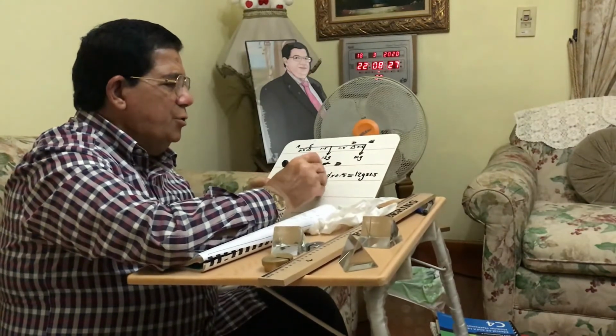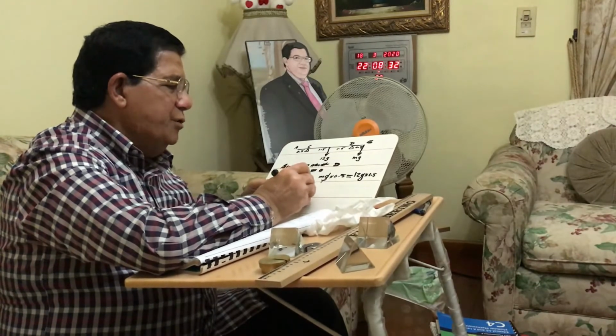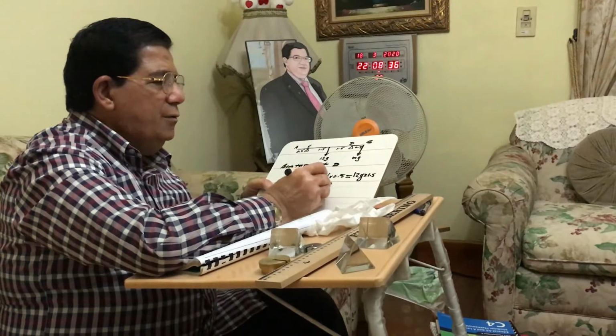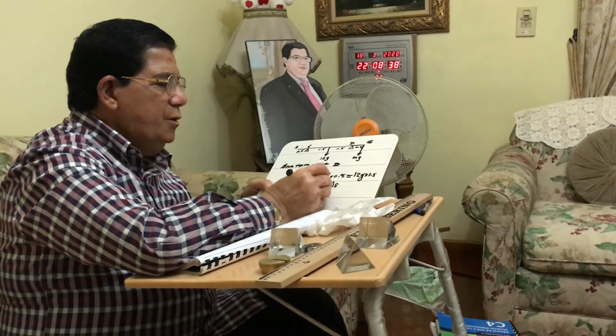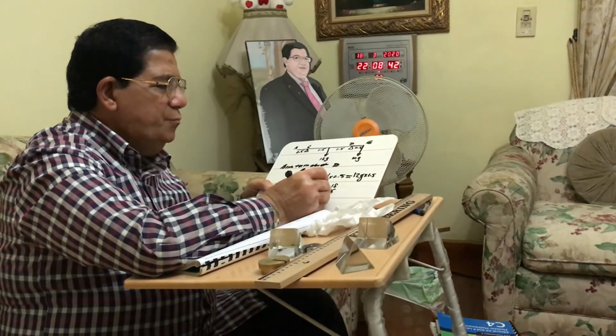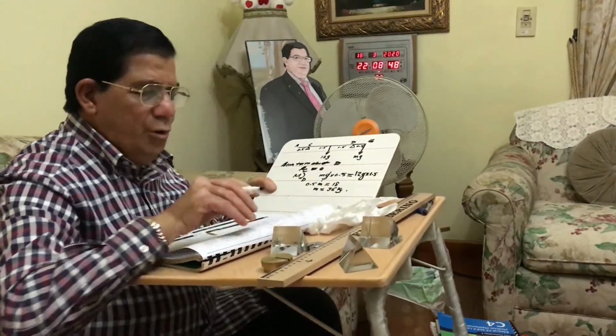The g cancels with the g, so we have 0.5m equals 18, so m equals 36 kilogram. This is the weight of the particle which will cause toppling.